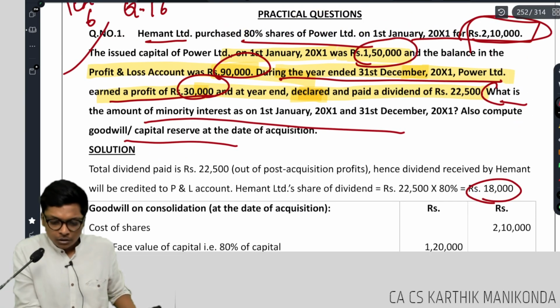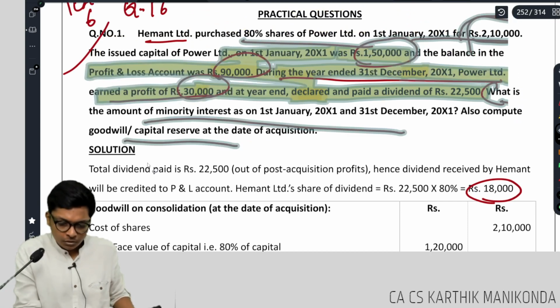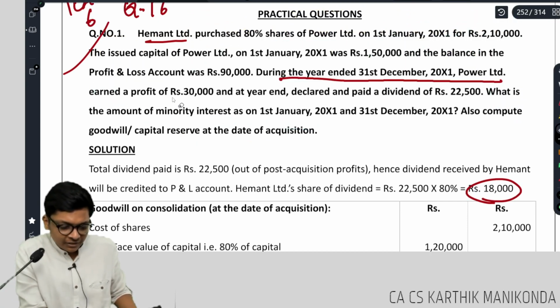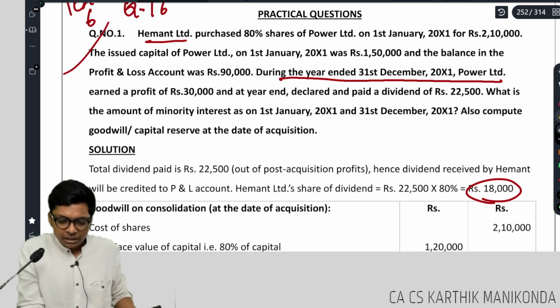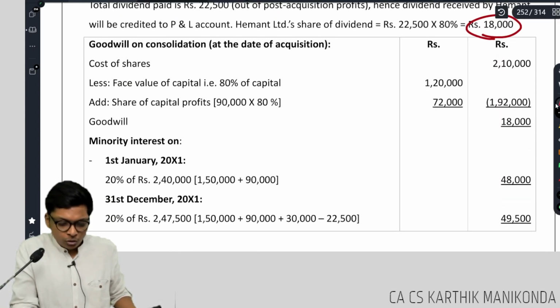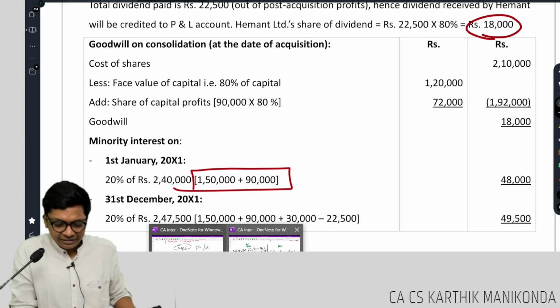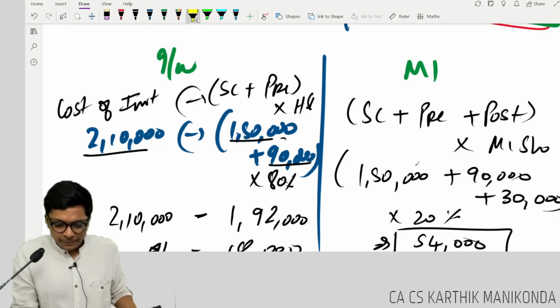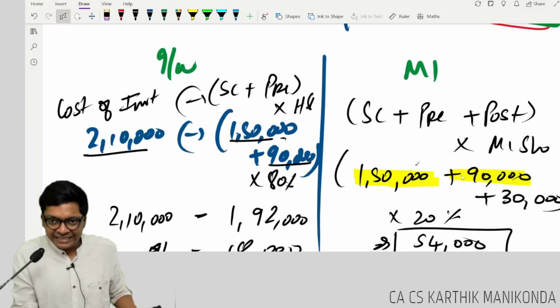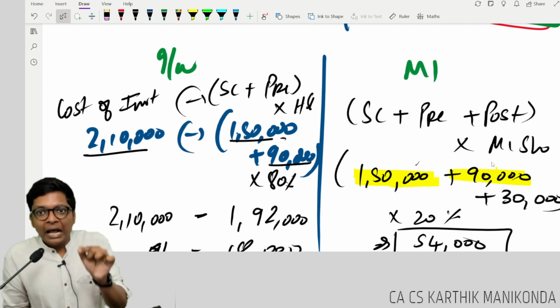Now follow. They have earned a profit of 30,000 at the year ending and declared and paid dividend of 22,500. So what happens now? This is not going to change. The pre will remain the same. That means 1,50,000 plus 90 will never change because that is the value on the date of acquisition.